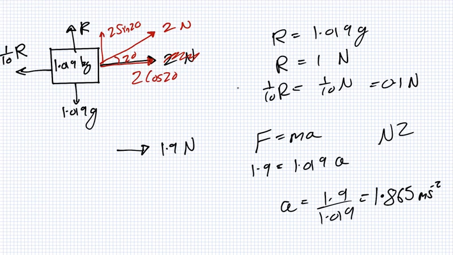So the difference is that it will be R plus 2 sine 20 equals the weight. So R will be 1 Newton minus 2 sine 20.